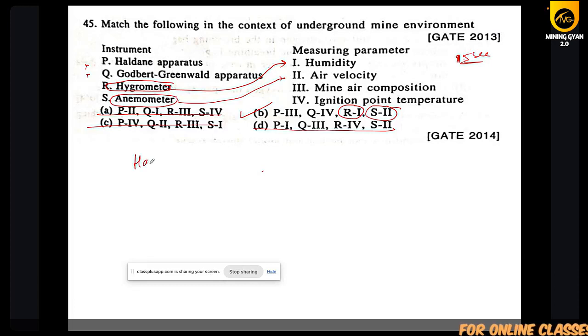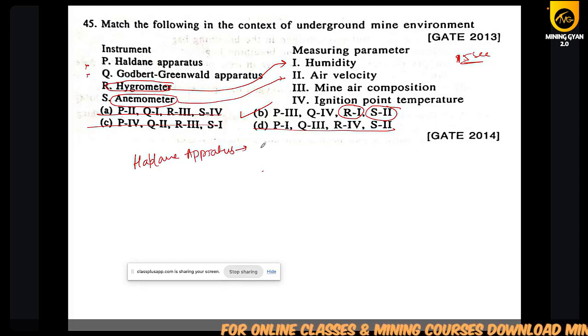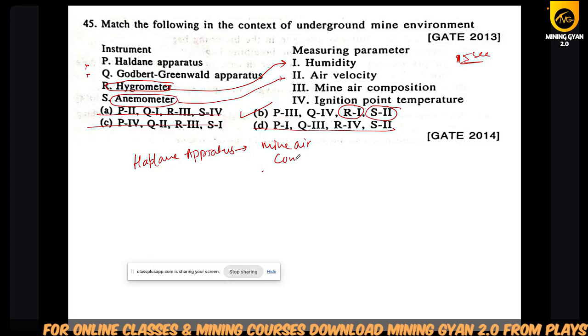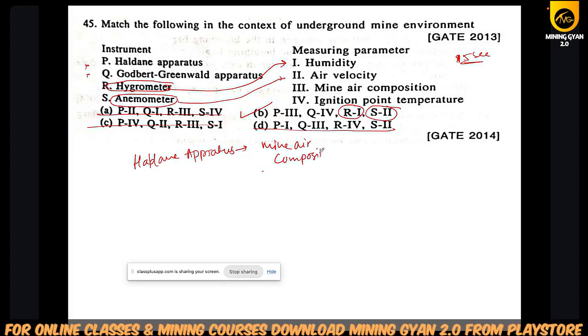Now you are sorted. You get your answer and you also cross verify. If you don't know Haldane apparatus, write it in your notes. What is Haldane apparatus? It gives us the mine air composition. Write it in your short notes or highlight it.